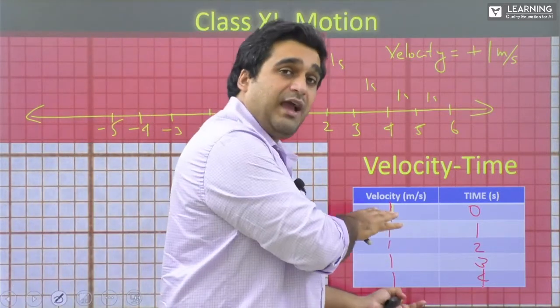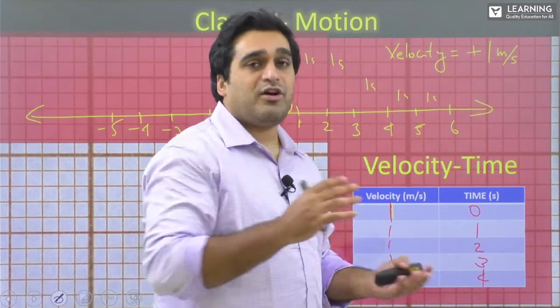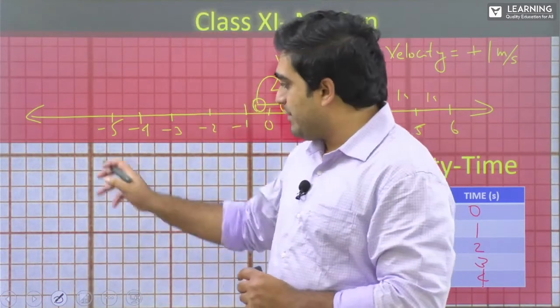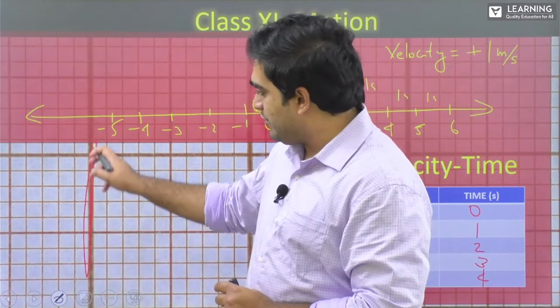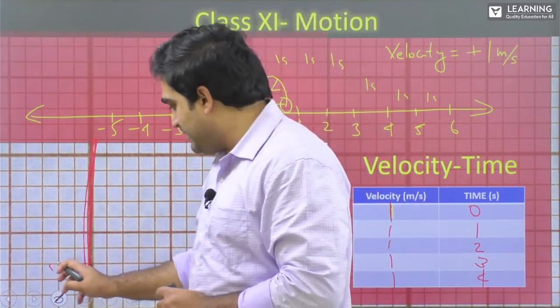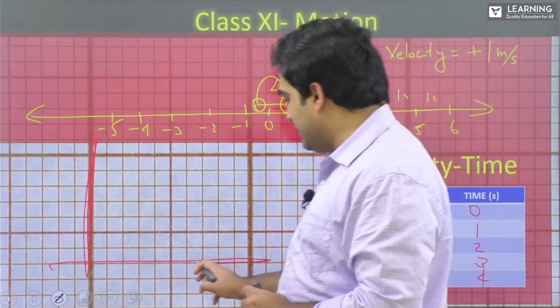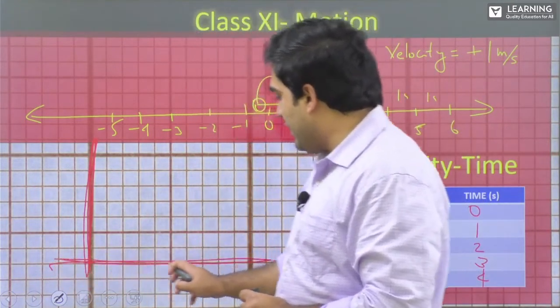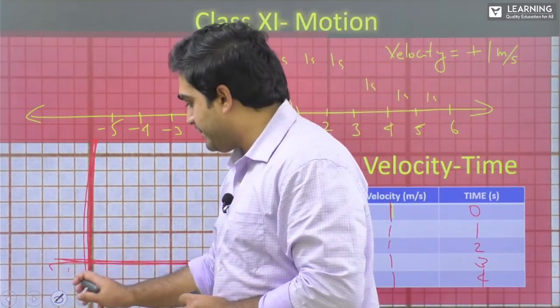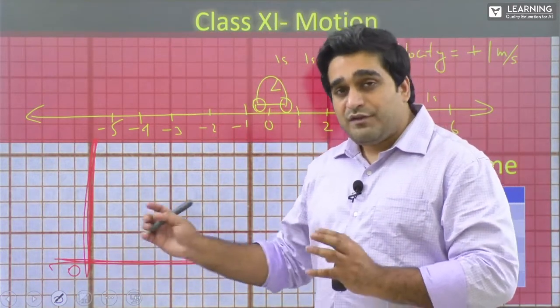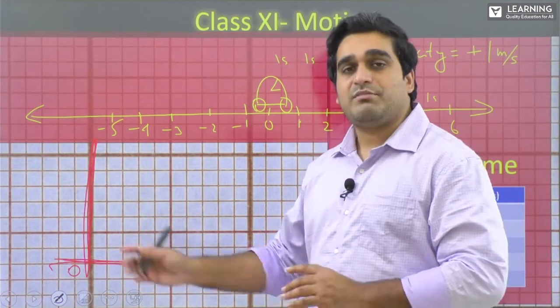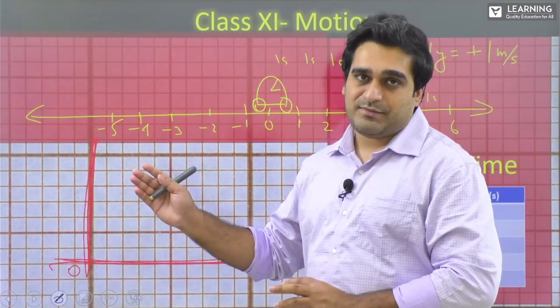So now that we have this set of data, let's plot it in a graph. So, graph sheet, what must it consist of? Your y-axis and the x-axis, your ordinate and abscissa. Now, what do we represent? What physical quantity can we represent along the y-axis?